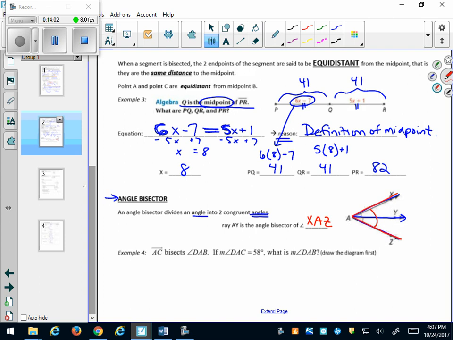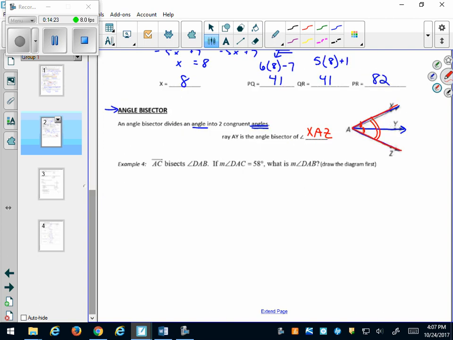So ray AY is the angle bisector of angle XAZ. You can see they marked this angle congruent to this angle. So this little angle and this little angle, you have to mark them congruent if you intend your drawing to depict an angle bisector. You have to make sure you mark those angles congruent.